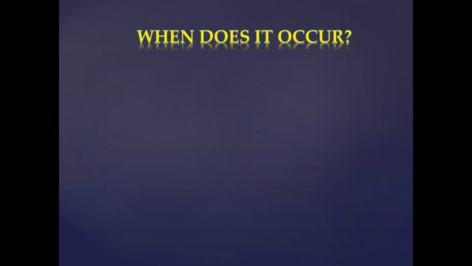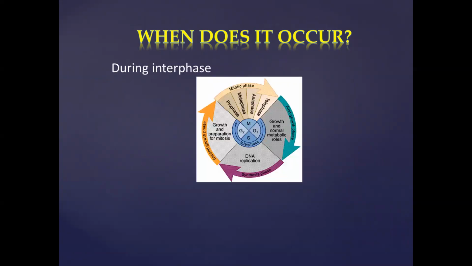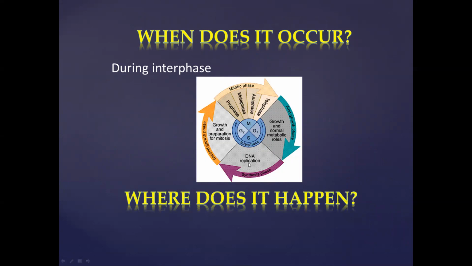When does DNA replication occur? It occurs during interphase. If you know the cell cycle, the majority of the time the cell is within interphase. During interphase, the main things which occur are the growth of the cell and DNA replication, the copying of the DNA.